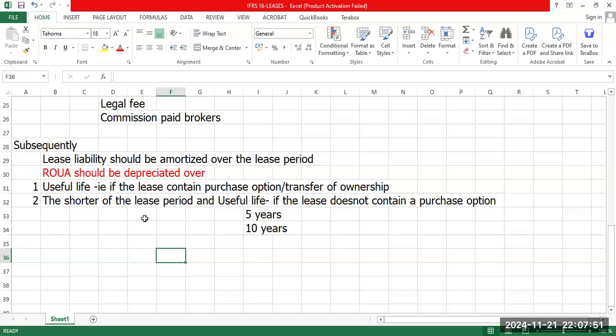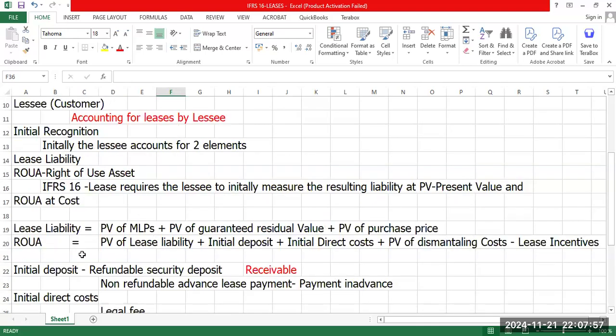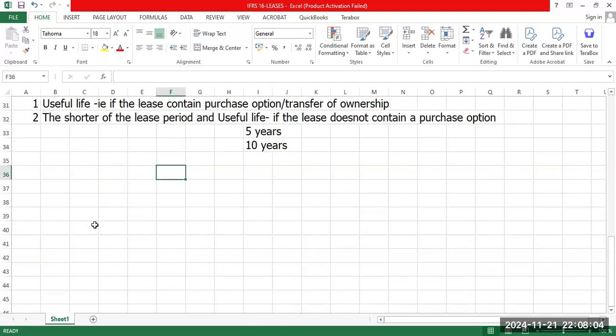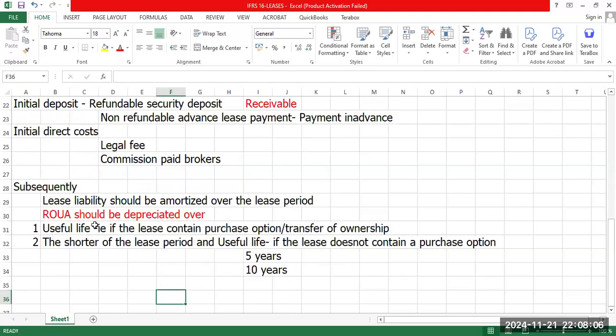Because we are done with initial and subsequent measurement. Okay, and this is all we need to answer in a calculation question.